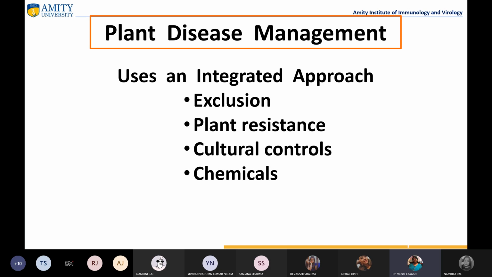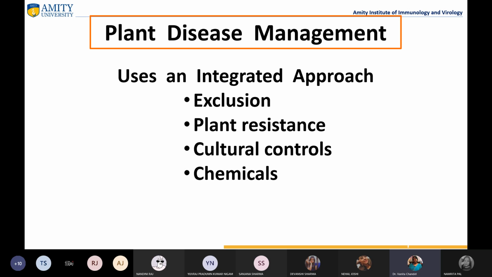Then resistance means how we are using plant resistance, the natural resistance. Some plants are naturally resistant to some pathogens, so we can use those varieties. Or some varieties are being generated which are resistant to the pathogen, so how we can use those varieties. Cultural controls: there are a number of cultural controls such as soil solarization, crop rotation, or keeping the land fallow for a certain time, right?